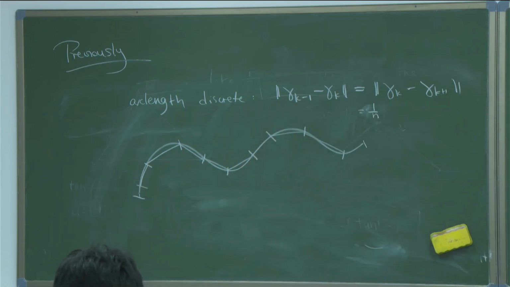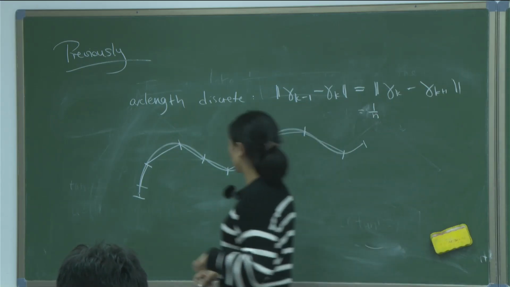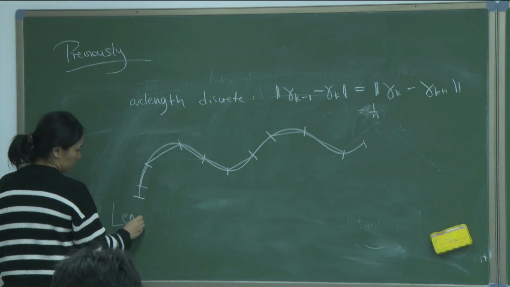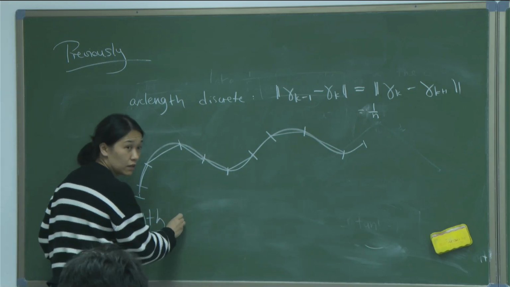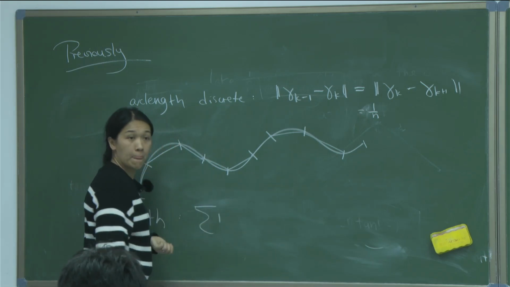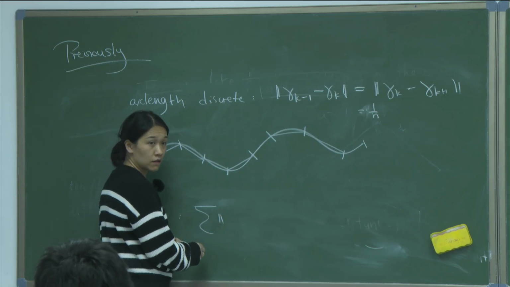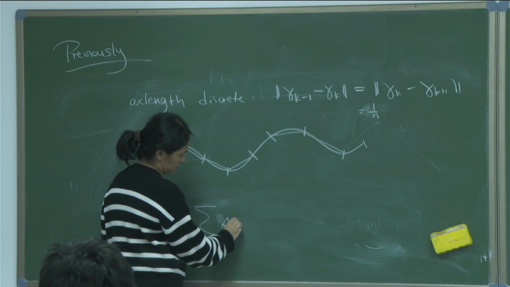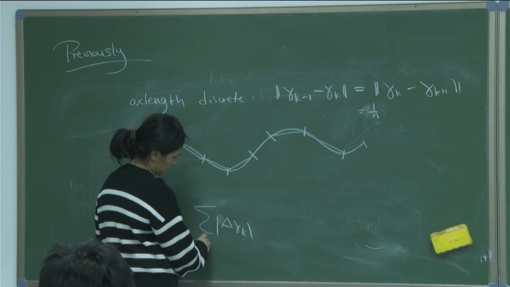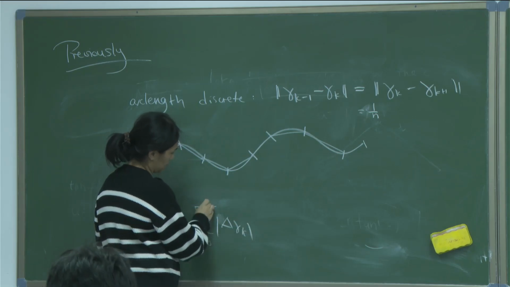Okay? What would be the length, by the way, of the curve? Maybe the sum over k of delta gamma, from 1 to n. Yes, maybe like that, right?